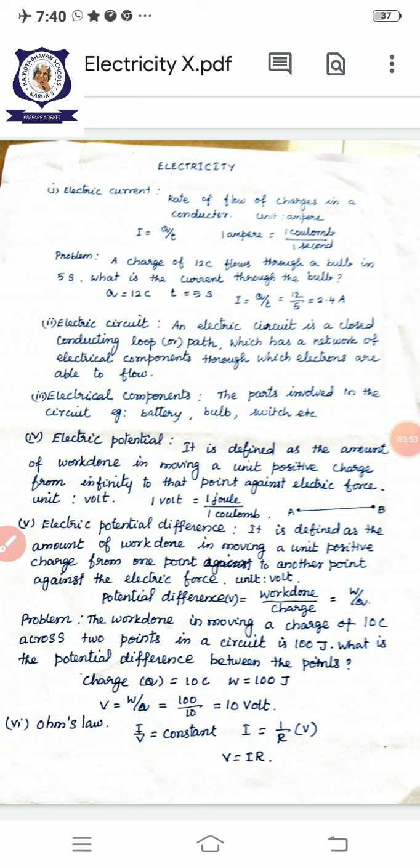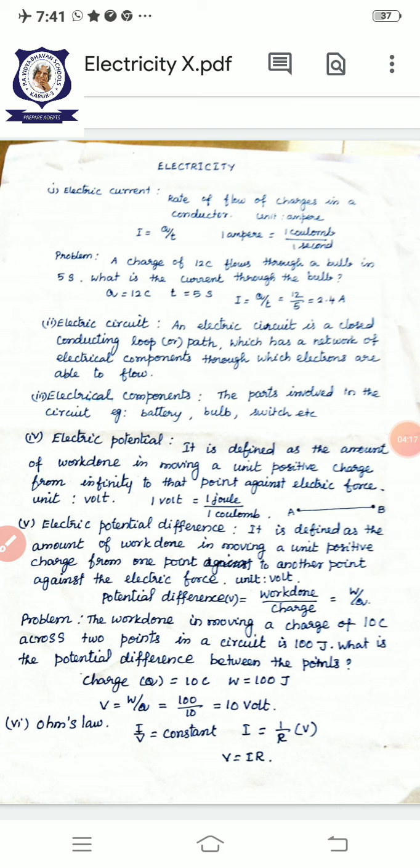Then, how can we define 1 ampere? If 1 coulomb of charge flows in 1 second, then the current flowing in the wire is equal to 1 ampere. So, 1 ampere is equal to 1 coulomb by 1 second.